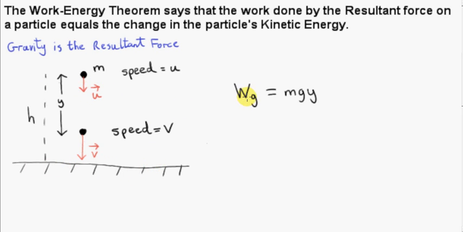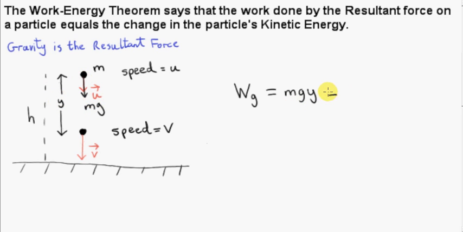Okay, so now let's apply the work energy theorem. We want the work done by the resultant force. Well, that's just gravity, so I'll write Wg for the work done by gravity. We want the force of gravity on the particle when it's in this position. Well, we know that that's mg, so we've seen this before. We multiply the component of the force in the direction of motion by the distance that the particle moves through, which is y. So we multiply mg by y.